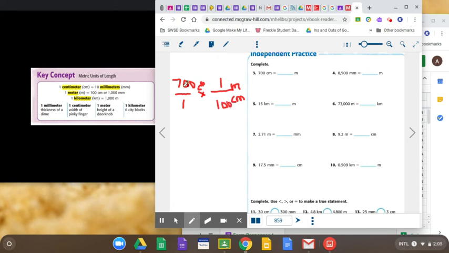Now you guys could cross cancel. You see there's zeros here. You can cancel the zeros out here. So these zeros get canceled out. This 0 gets canceled out. Then you have 7 times 1, and you have 1 times 1. So your answer is 7. If you aren't sure about the cross canceling with the zeros, you would do 700 times 1, which is 700.